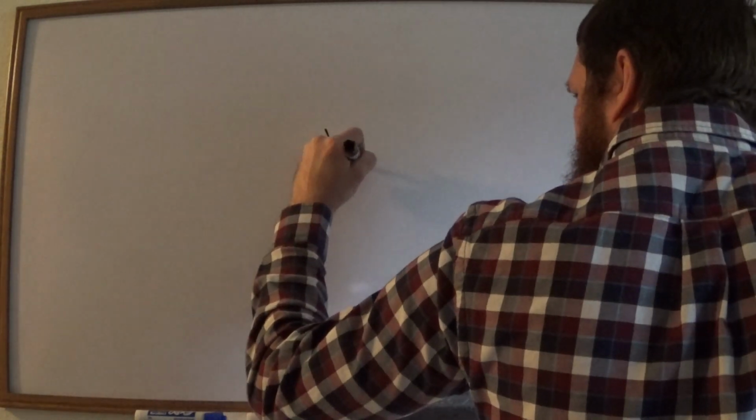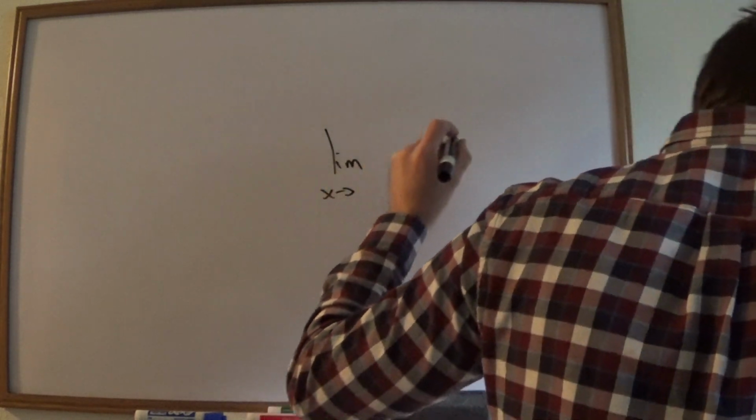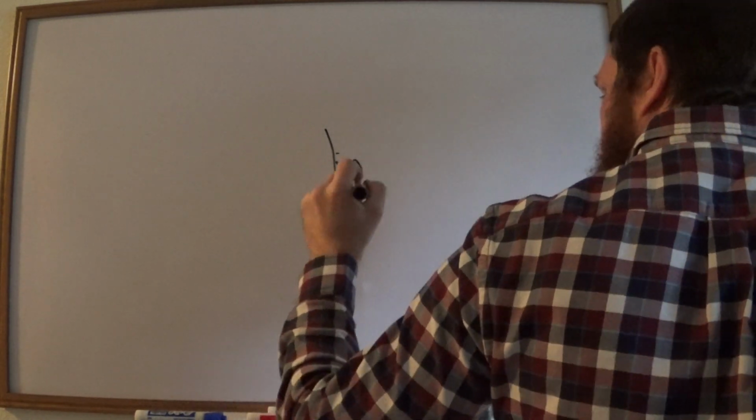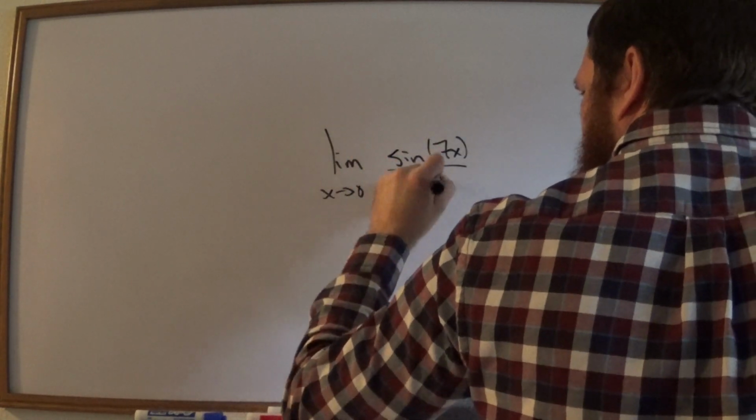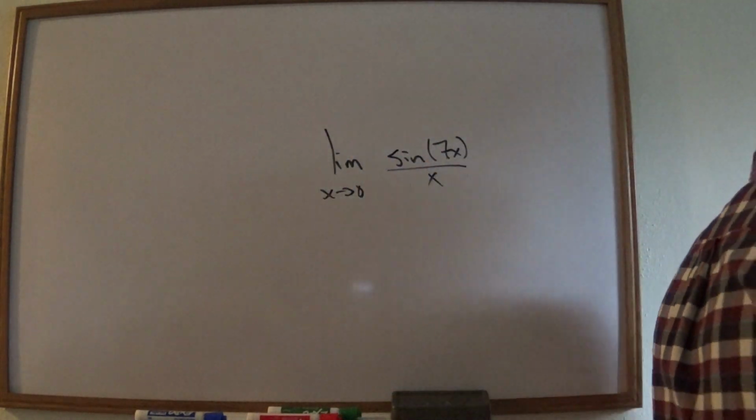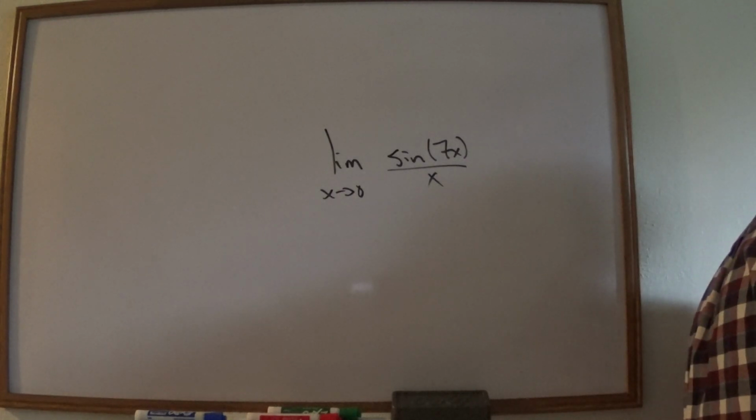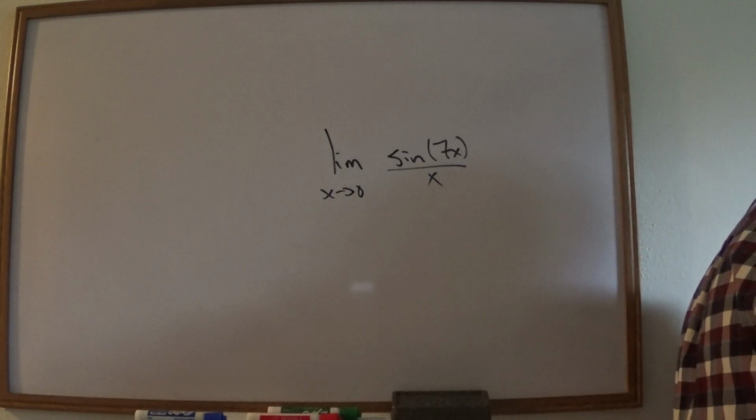At the end of that section, there are a lot of limit questions, like, for instance, find the limit as x goes to 0 of sine 7x over x. There's a method that they use in this book that you could evaluate that pretty darn easily.